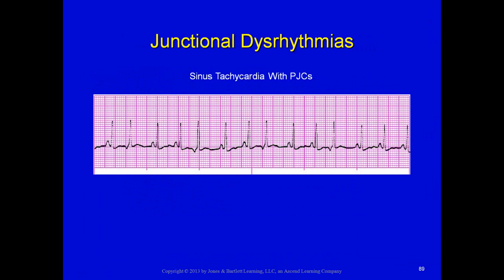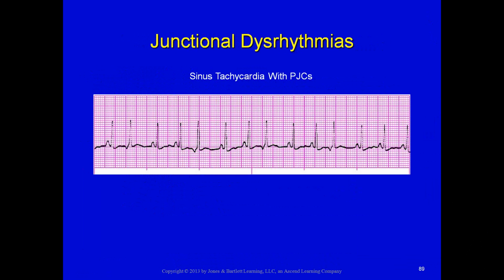That should be the normal distance. So that second complex is premature. That fifth complex is premature. That eighth complex is premature. The 11th complex is premature.